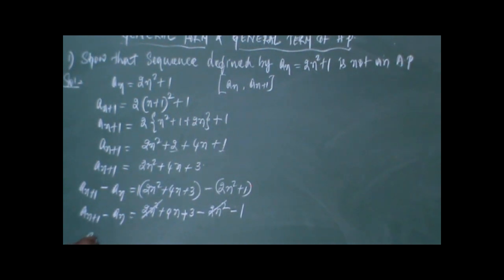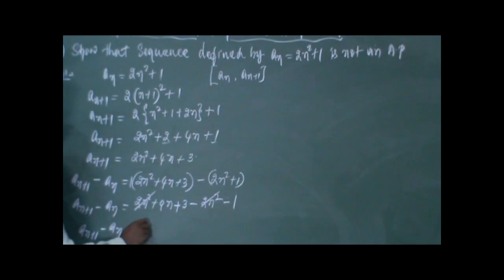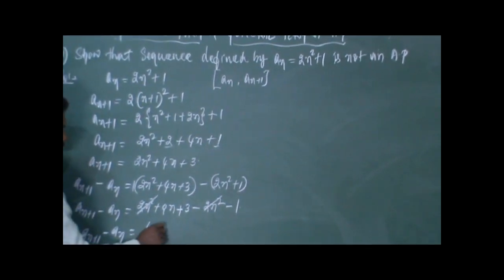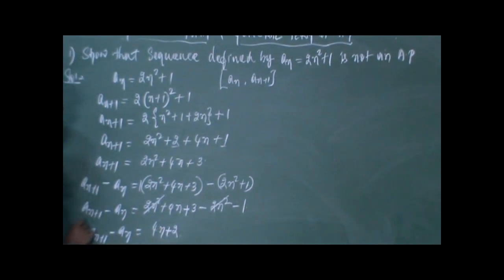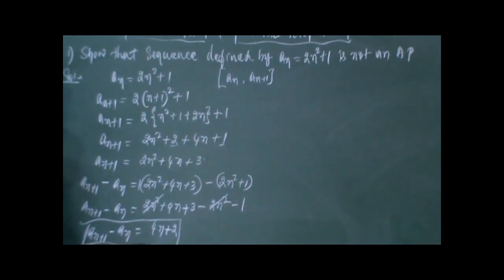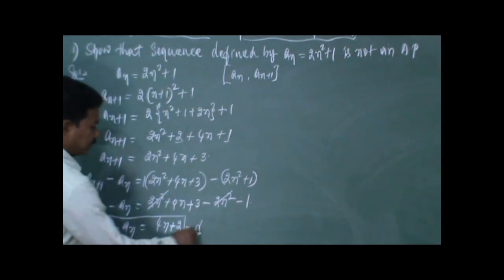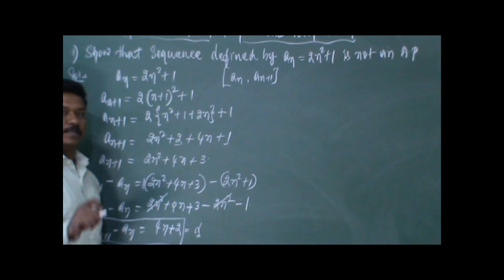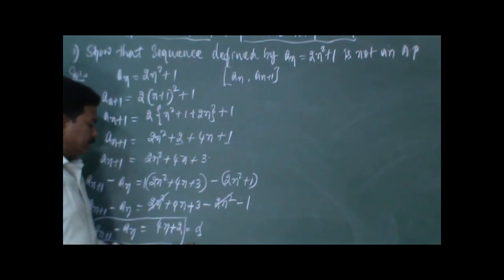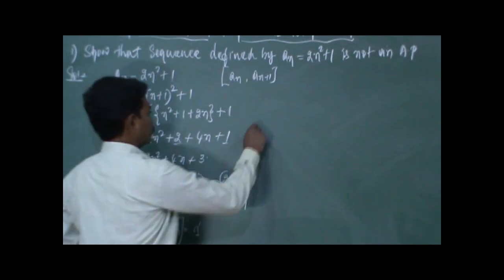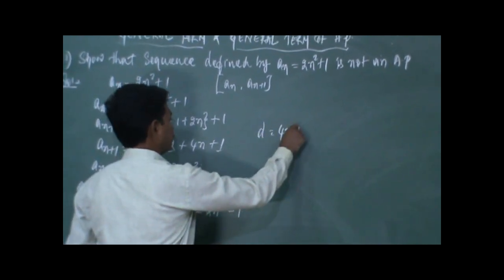So a(n+1) minus a(n) is equal to the remaining thing: 4n + 3 minus 1 is plus 2. So this is what we have got. This is nothing but the value of d. 4n + 2 is nothing but d. So here the very important thing is the value of d that you have got here is 4n + 2. So d is equal to 4n + 2.